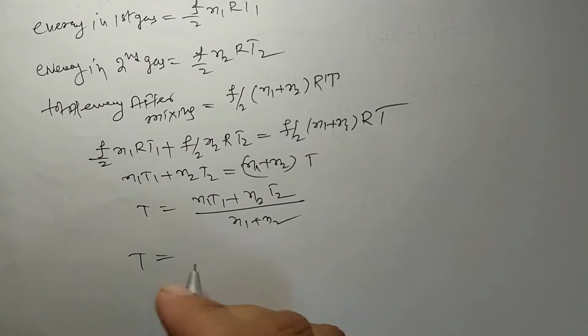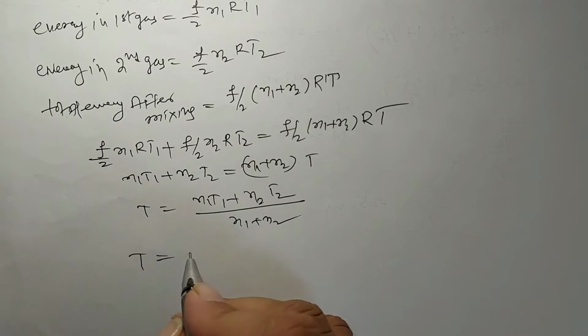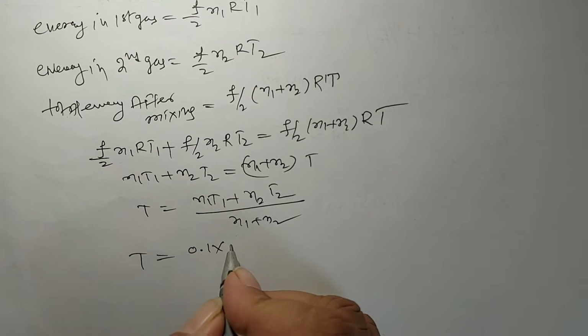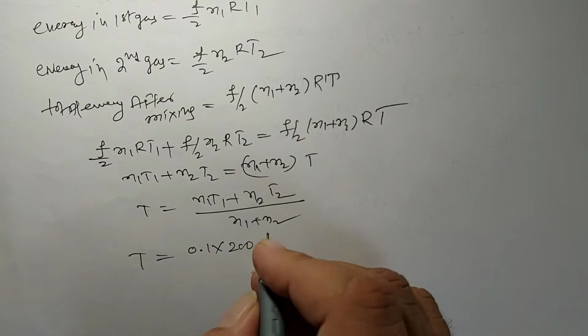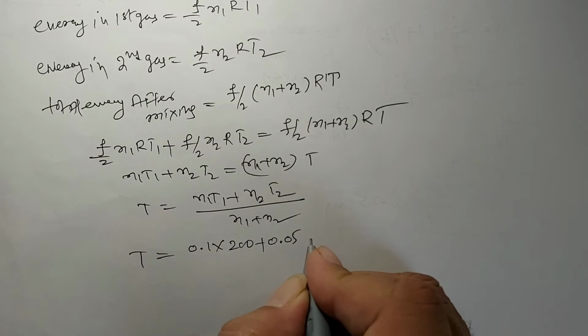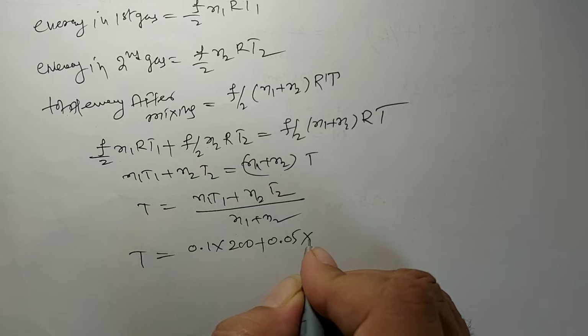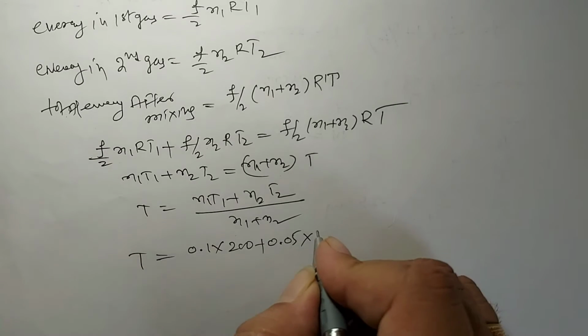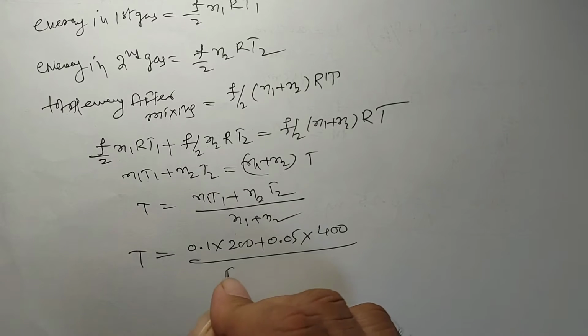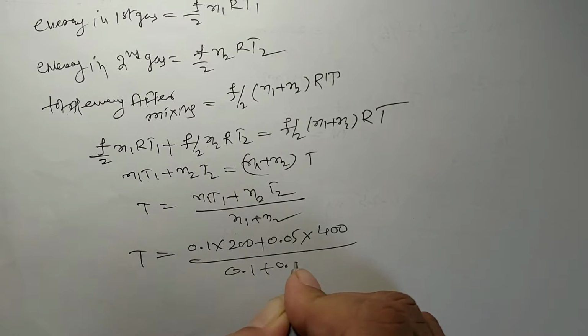So T is equal to n1, 0.1 mole, into T1, 200, plus n2, 0.05 moles, into T2, 400 Kelvin, divided by the total number of moles, 0.1 plus 0.05.